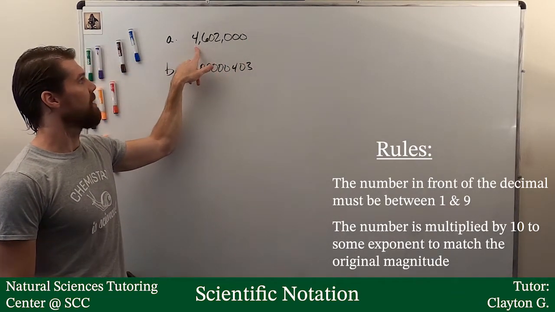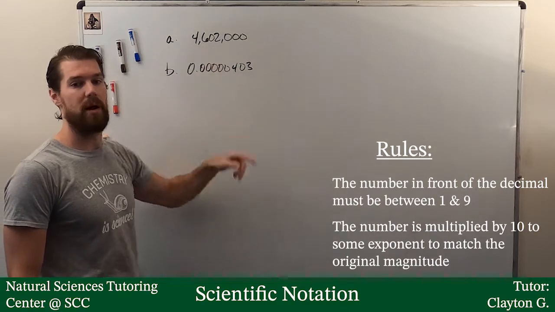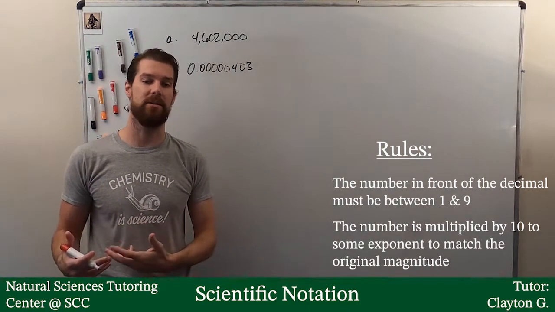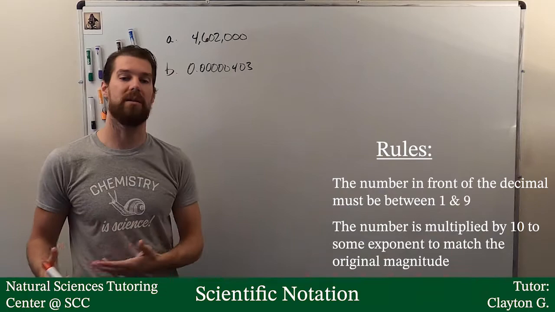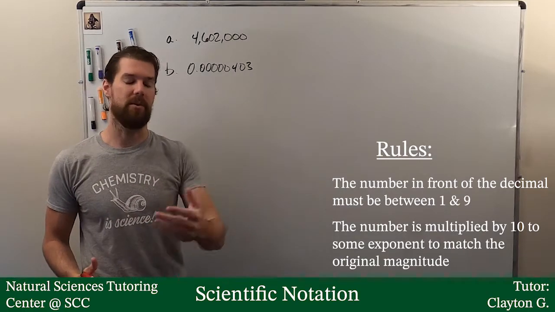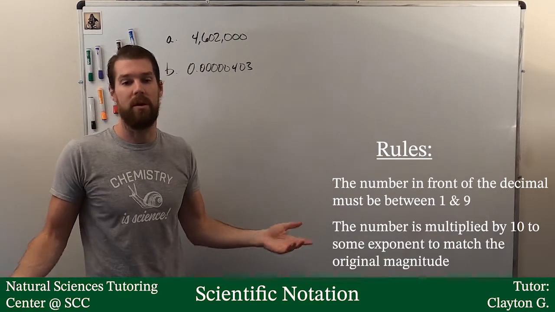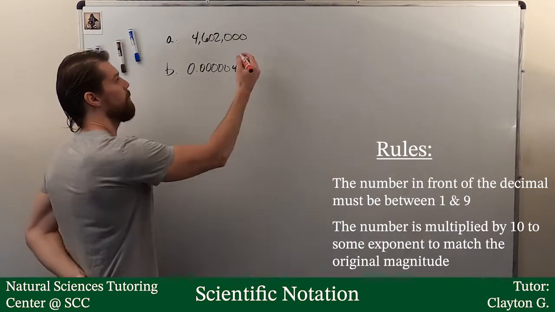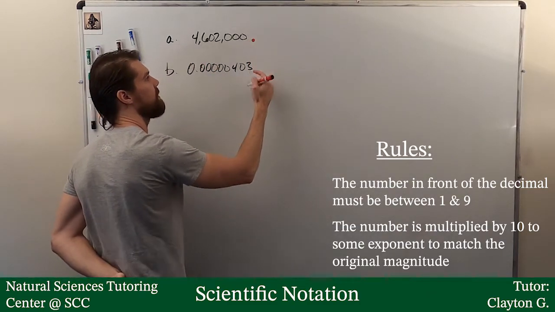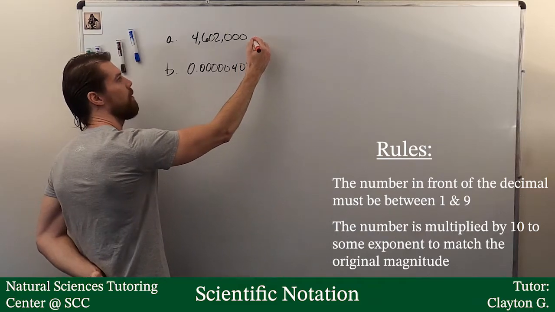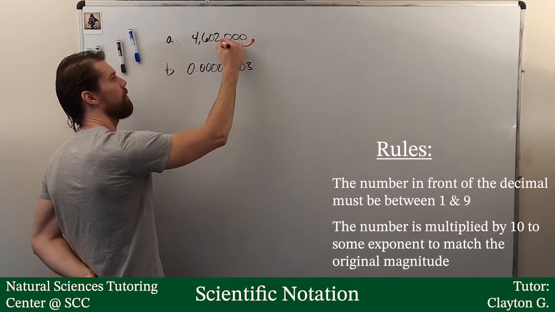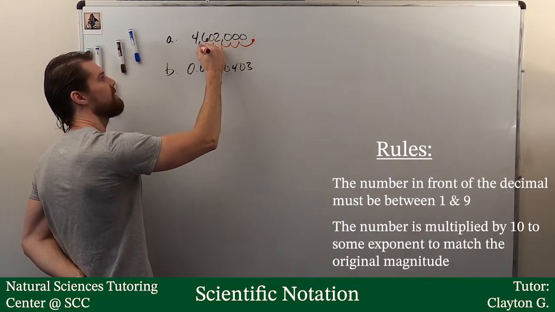Here I have the millions, so I know at some point I'm going to have times 10 to the 6th power, because 10 to the 6th power, if you type it in your calculator, equals 1 million. So here, I am going to take this here. How do I know it's 6? I'm going to pretend I have a decimal there. 1, 2, 3, 4, 5, 6.